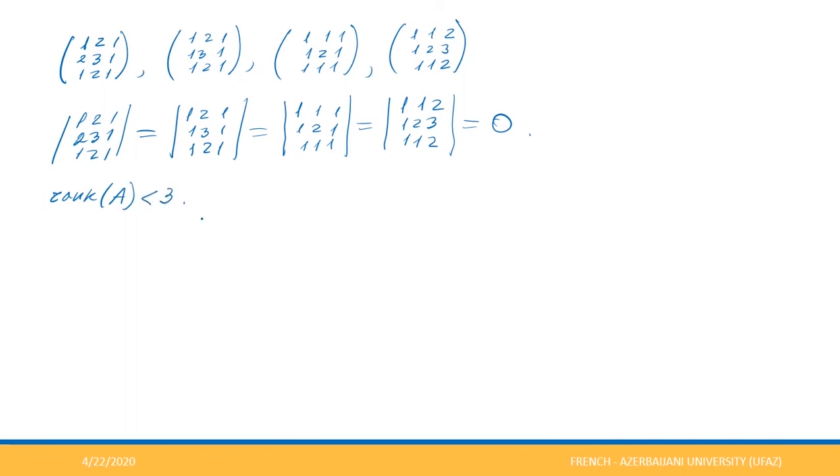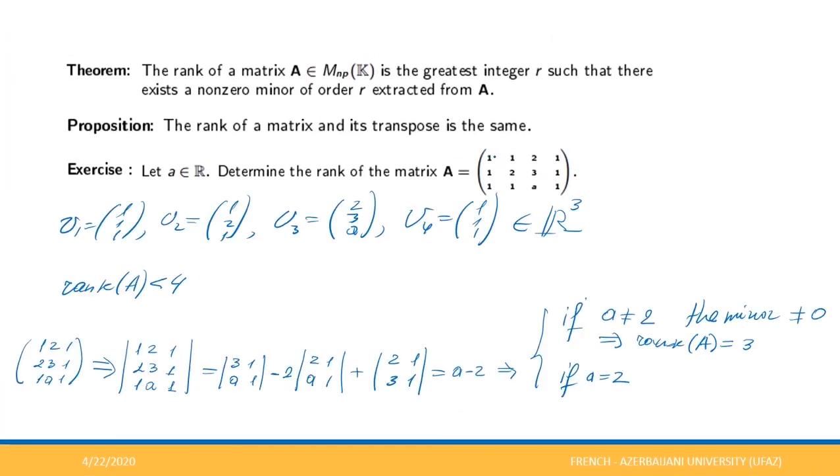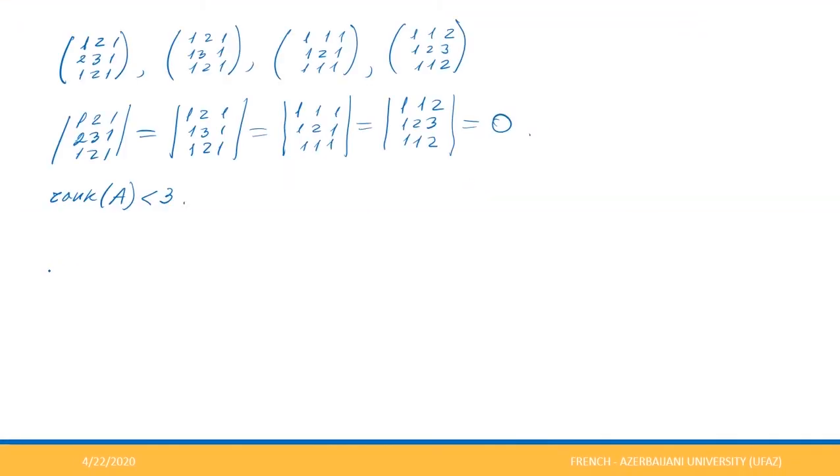Let's check the minor of order 2. For example, let's take this one: 1, 1, 1, 2. The determinant of 1, 1, 1, 2 will be 2 minus 1, which is different from 0. You see the minor of order 2 is different from 0.